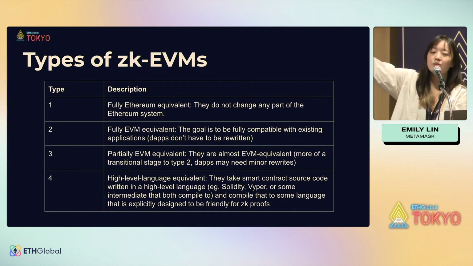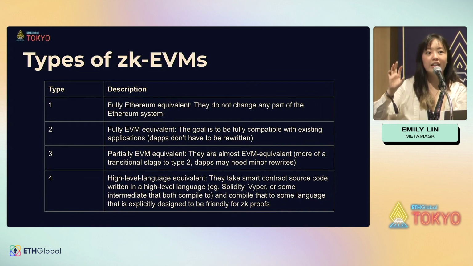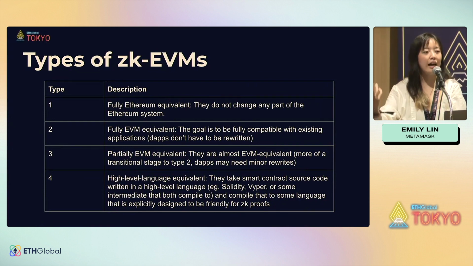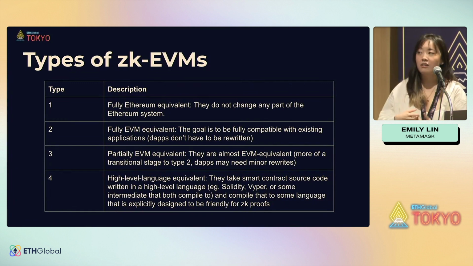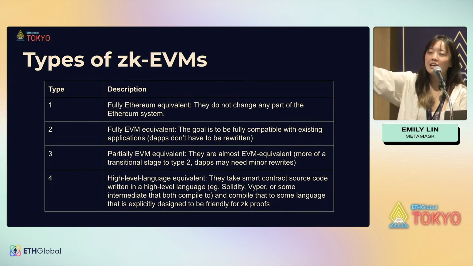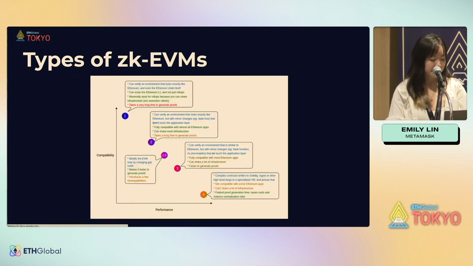Whereas with type 2s and then type 1s, which are fully Ethereum equivalent, it's easier to interact with the Ethereum ecosystem and to have the network effects of all the tooling that's already been created around it. Everything that has already been built around Ethereum works out of the box, right? That's the really strong point, and that's the win versus type 4.